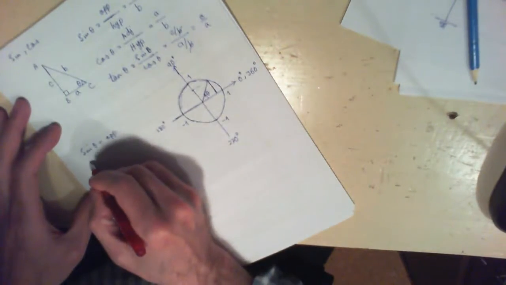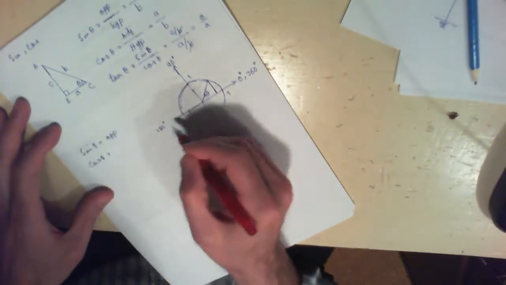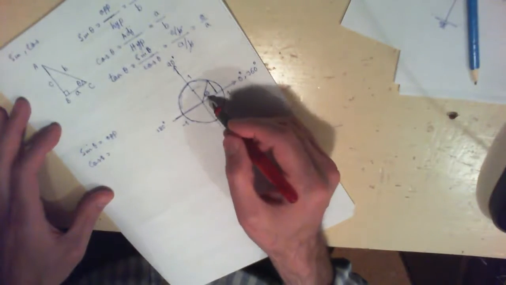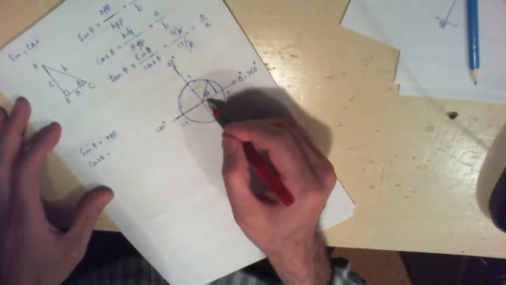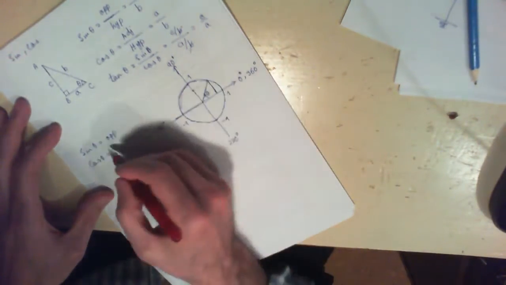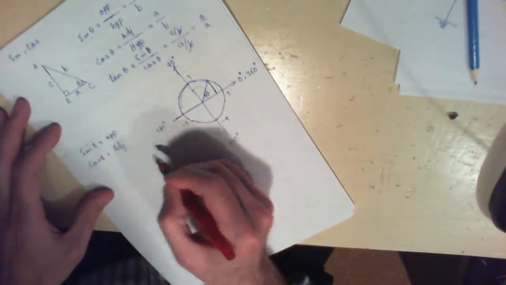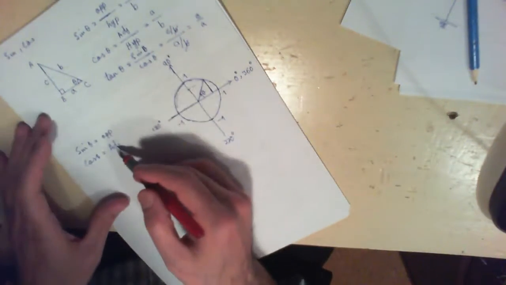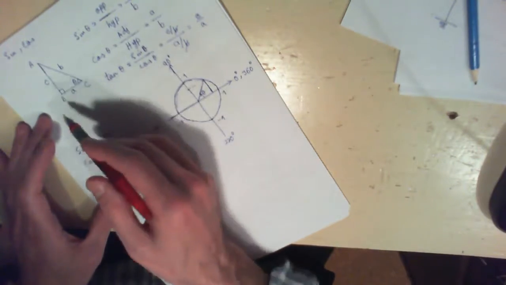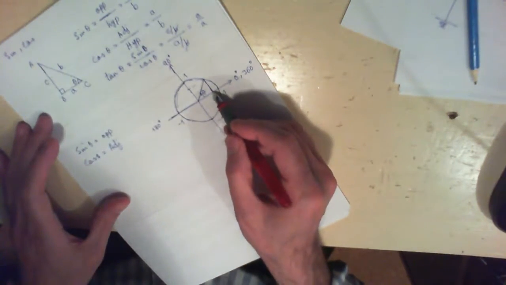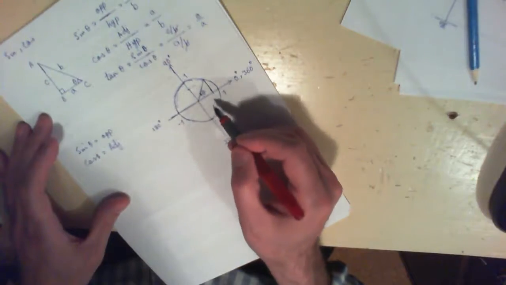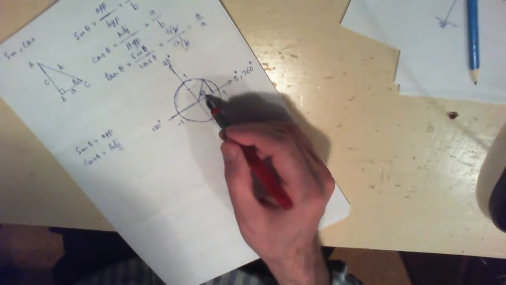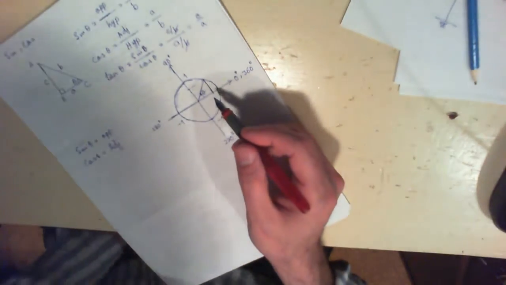And then the cos of theta would be adjacent over hypotenuse, and the adjacent is this length over hypotenuse, which is 1, so I can simply write adjacent. So this would be the length of the cos of this angle, which is the adjacent side of this angle.